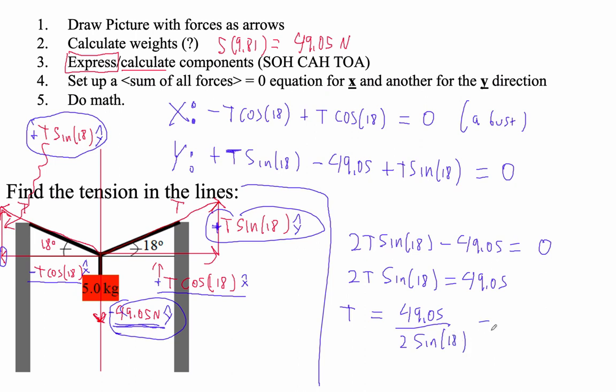And now we can solve this. Let's solve this thing. 49.05 divided by parentheses 2 sine 18, right parenthesis. And it's 79.4 newtons.